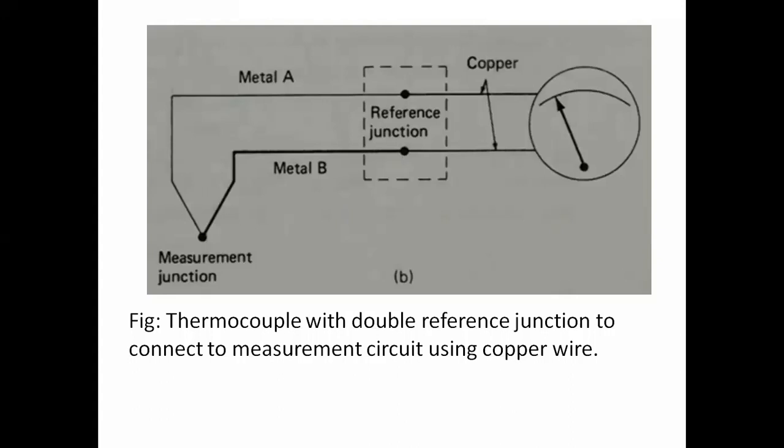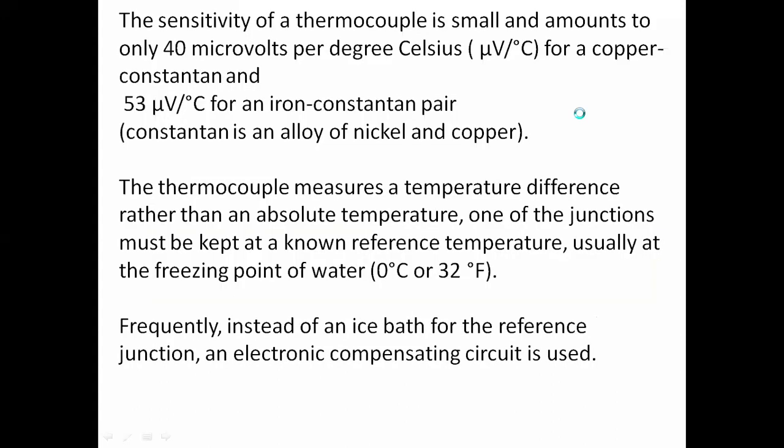That output voltage is measured by using this voltmeter. So the difference of temperatures will produce the output electrical signal, and that signal is proportional to the difference. Suppose we keep both junctions at the same temperature, the difference is 0, so the output voltage is 0.